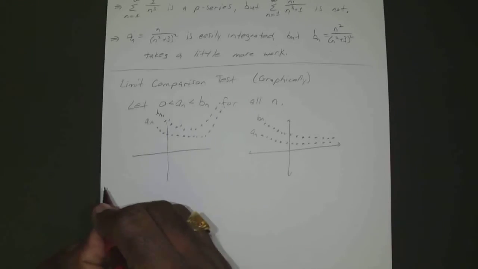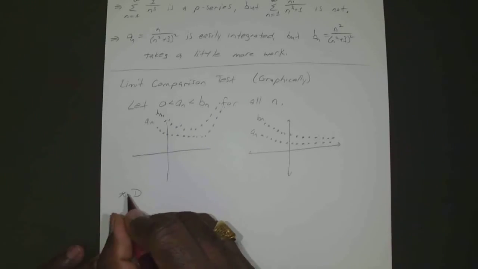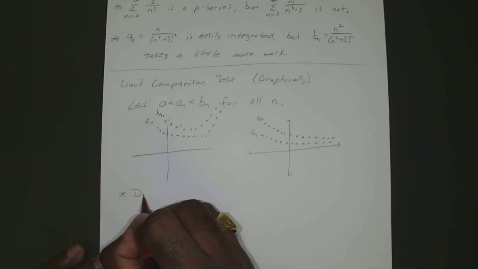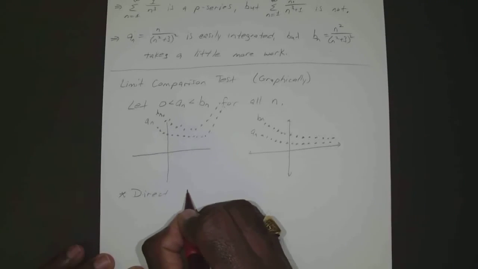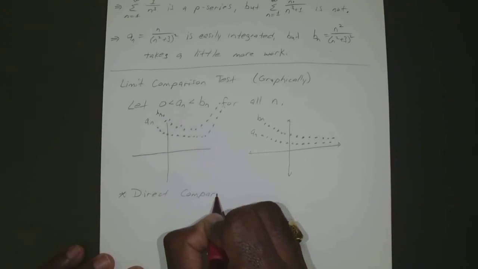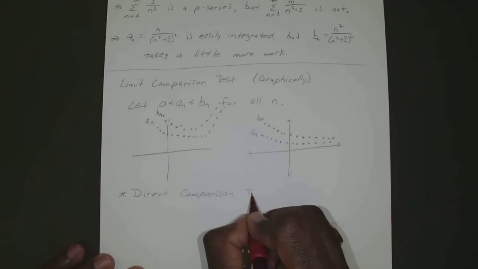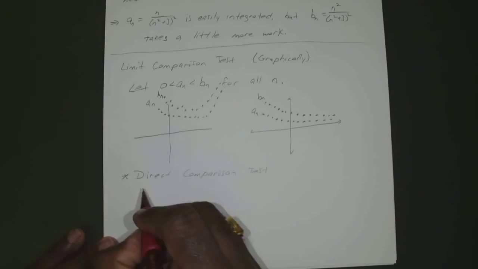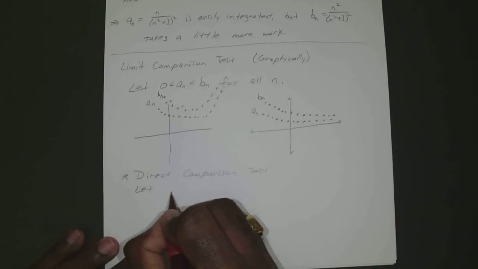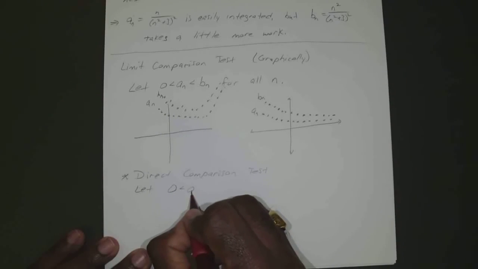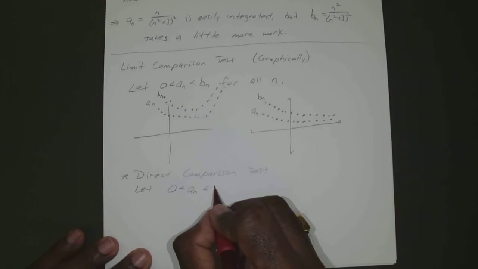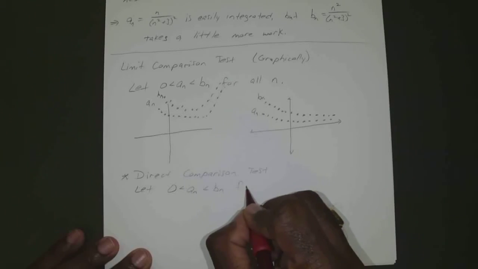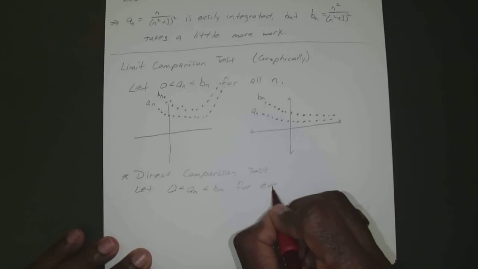Okay, so the actual theorem, the direct comparison test, is you're going to let a sub n be less than b sub n for every n.